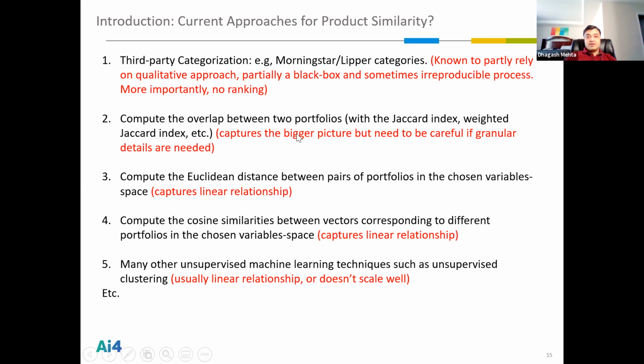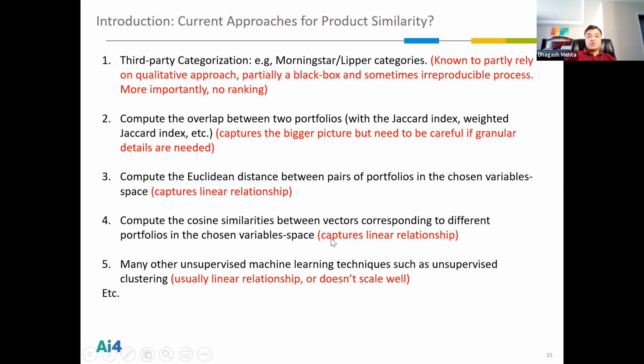The second point, the Jaccard index, captures the bigger picture, but if you are really eager to learn more about these differences and similarities at a more granular level, this might not be the right approach. Euclidean distance captures linear relationships, but non-linearities are going to be very difficult.